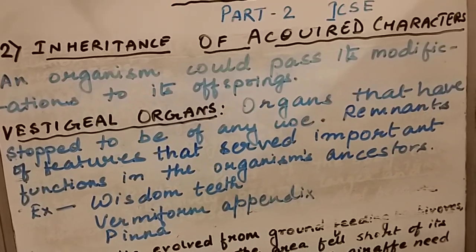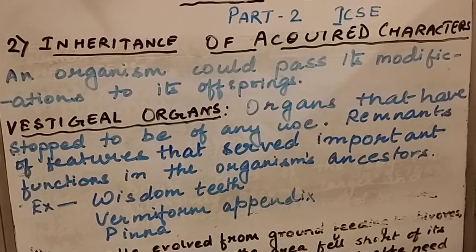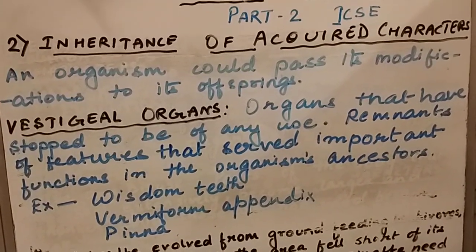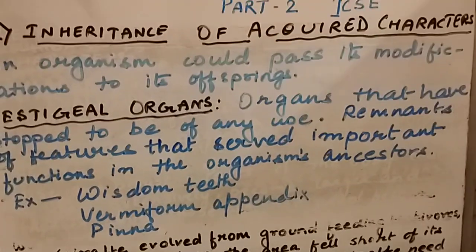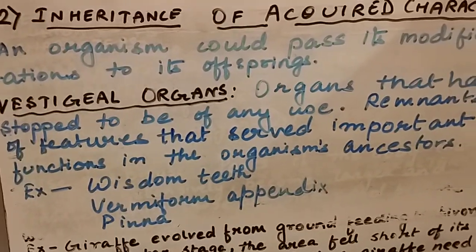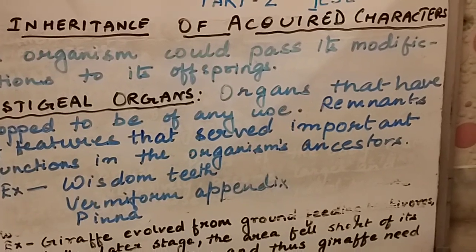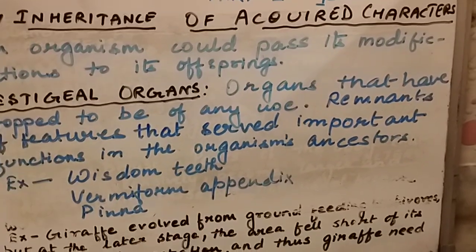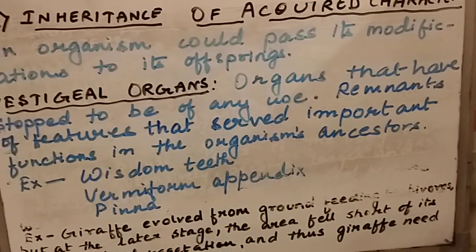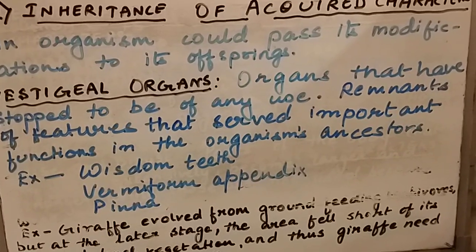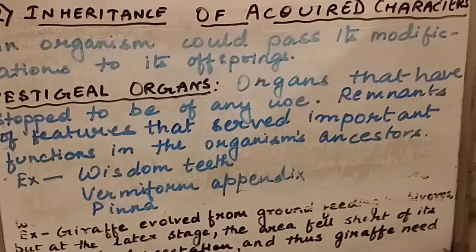Now, under use and disuse and inheritance of acquired characters, there are some terminologies. One of the most important is the vestigial organ, which comes from Lamarck's use and disuse theory. It refers to organs that have stopped being of any use, that is, which have become functionless, no longer functional as they once were. They are remnants of features that served important functions in the organisms' ancestors.